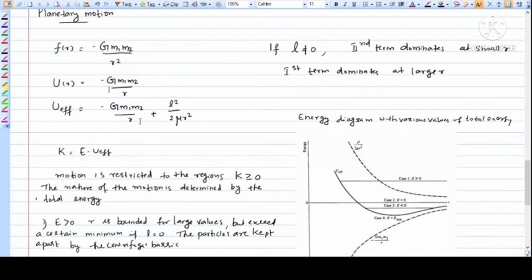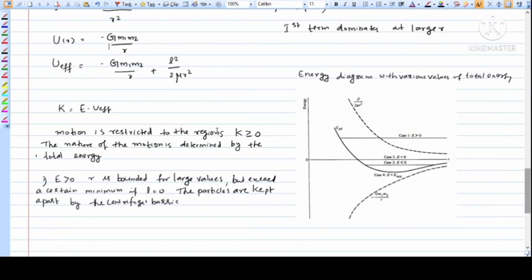At larger r, the attractive gravitational potential dominates. When r is larger and larger, this quantity will become higher and higher, because this is a negative quantity. When we draw these two quantities, L square by 2 mu r square is like this.